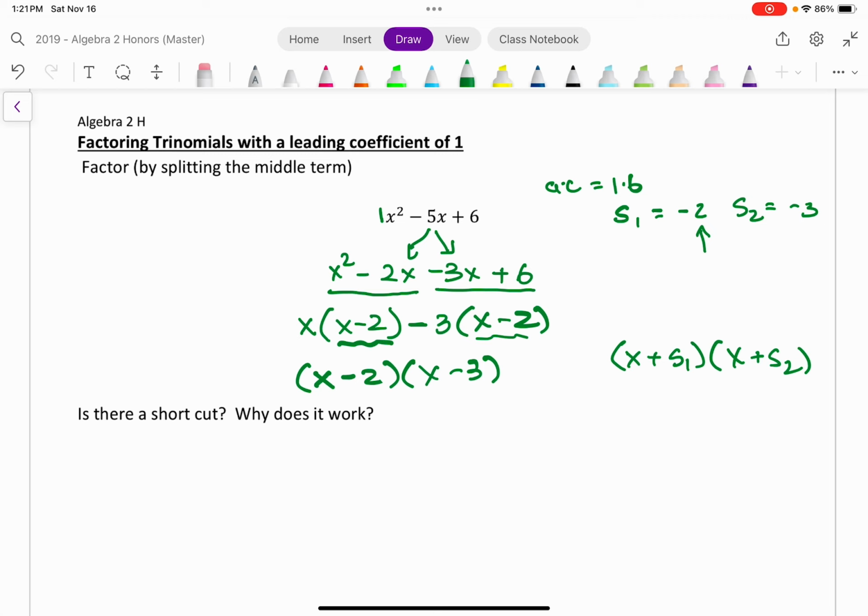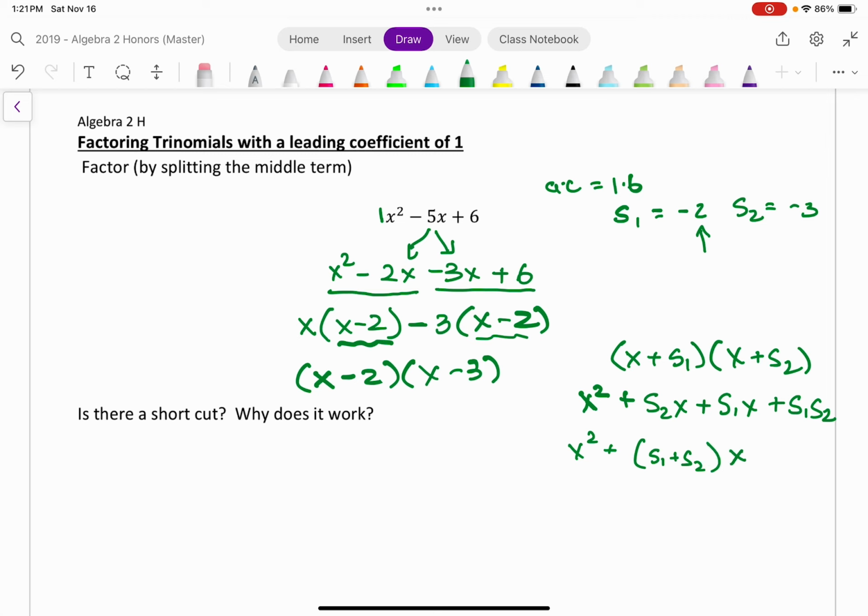So if I multiply these two back together, I would get an x squared plus, outer, split 2 x, inner, split 1 x, and last, s1 s2. If I factor out an x in the middle here, I get split 1 plus split 2, or you could do split 2 plus split 1, doesn't really matter.